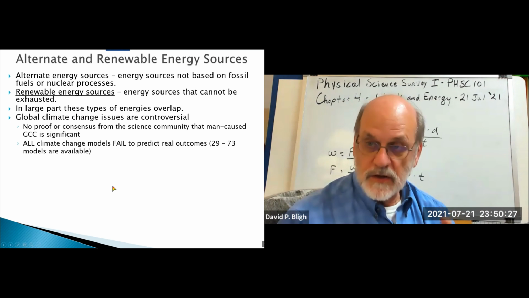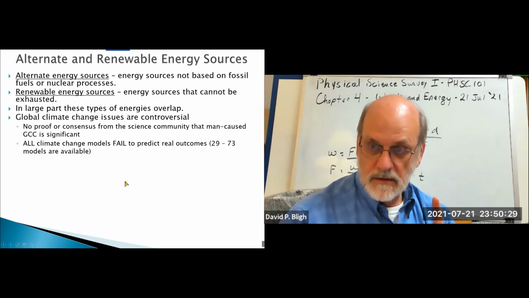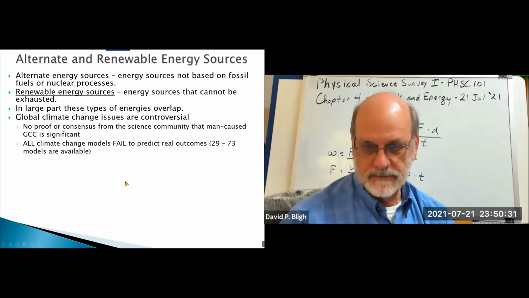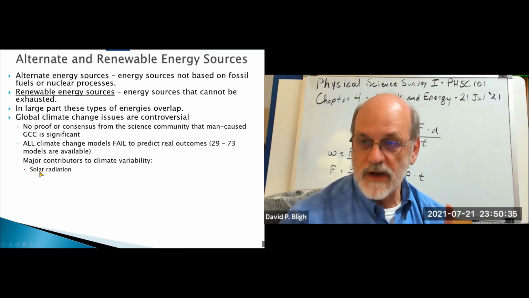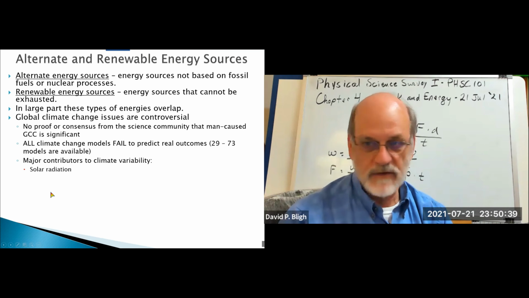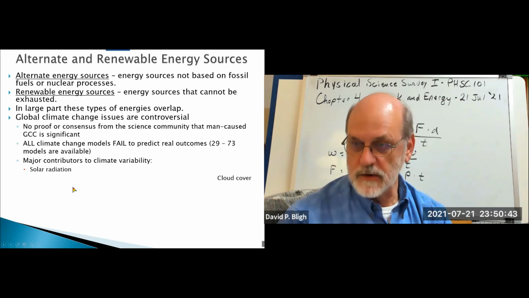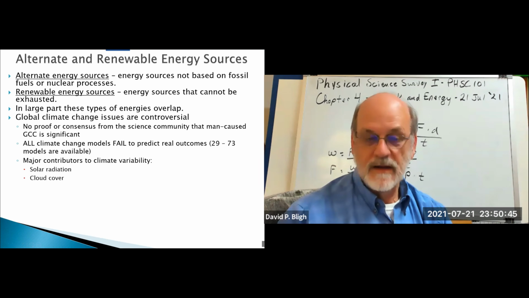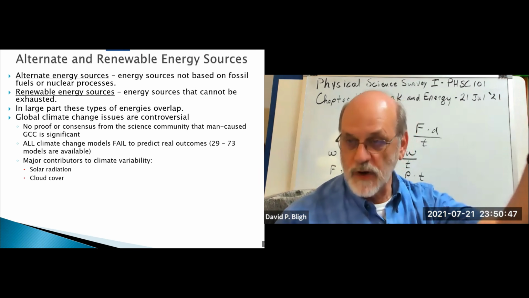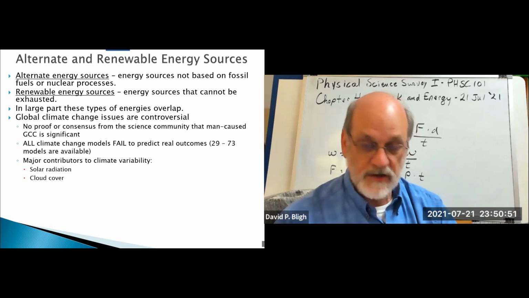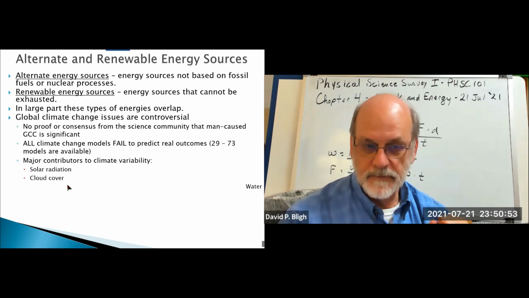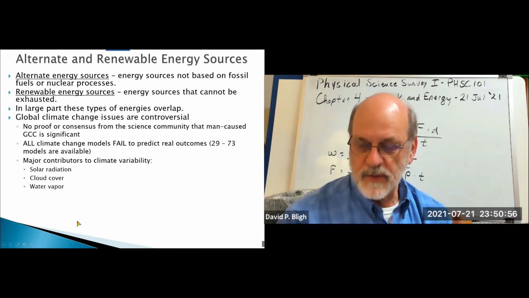They really ought to be looking at the real influencers on climate, right? Those major factors are solar radiation, number one. That's something we have no control over. Cloud cover. More clouds reflect more energy back into space. Clouds also trap energy that's already here. And then there's water vapor.